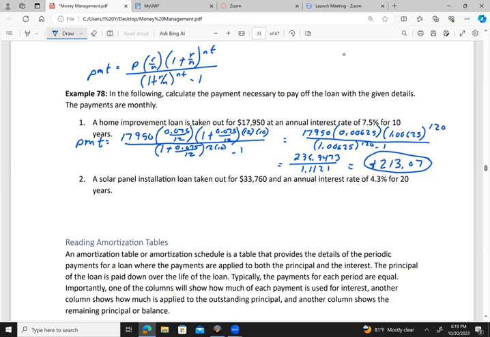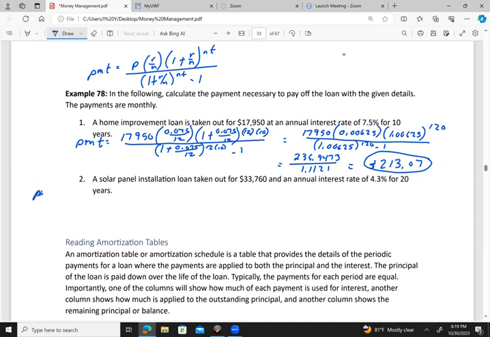Okay, so looking at number 2 here, a solar panel installation loan taken out for $33,760 and an annual interest rate of 4.3% for 20 years.